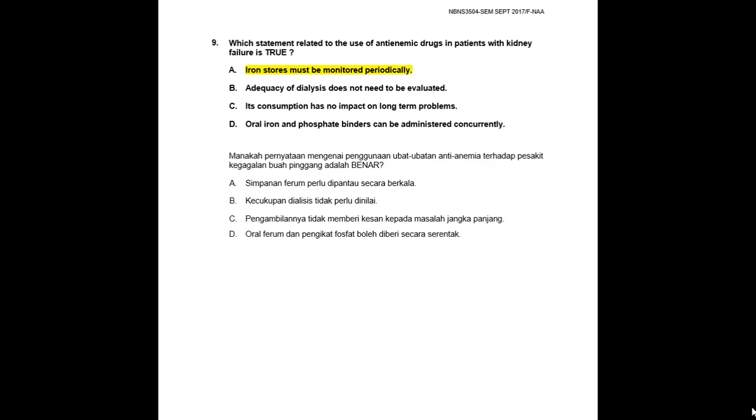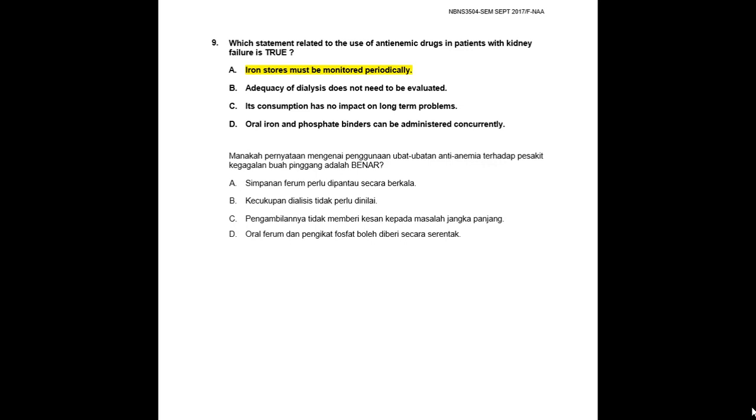Answer B is adequacy of dialysis does not need to be evaluated. Actually, adequacy of dialysis needs to be evaluated in kidney failure patients. And its consumption has no impact on long-term problems, because when there is excess iron, it can cause serious problems, as I told earlier.